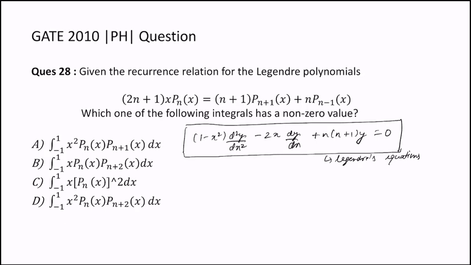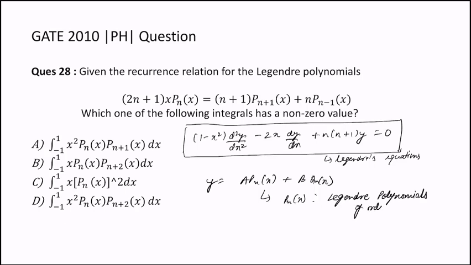And they have a general solution of this kind: a times P_n(x), the solution of this Legendre equation, plus b times Q_n(x), where this P_n(x) are called Legendre polynomials of order n.